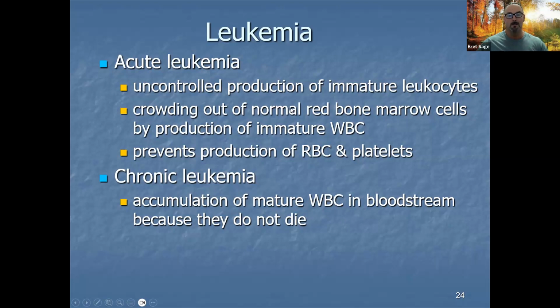This is the less common, this is the more common. Acute leukemia actually kills lots of people. Usually, if you kill the bone marrow that produces these immature leukocytes and then give non-cancerous bone marrow injections or transplants, it can solve that problem of overproduction of immature white blood cells.